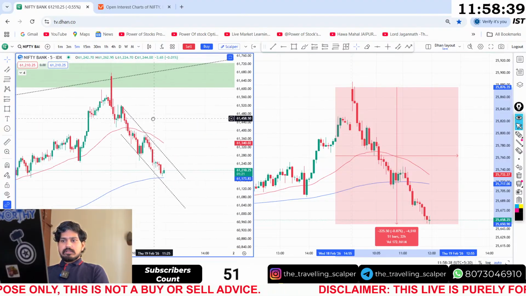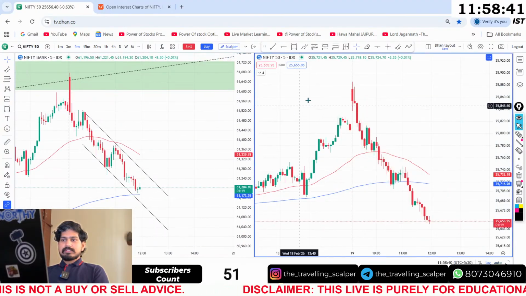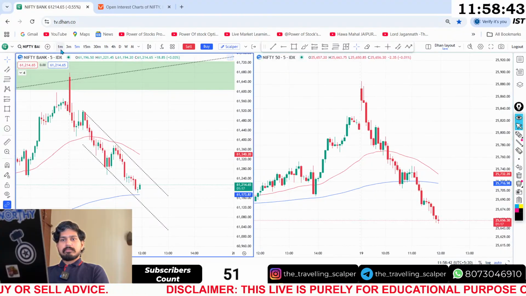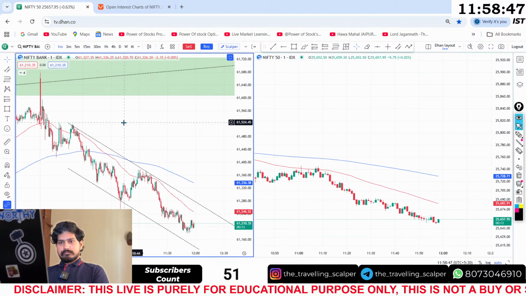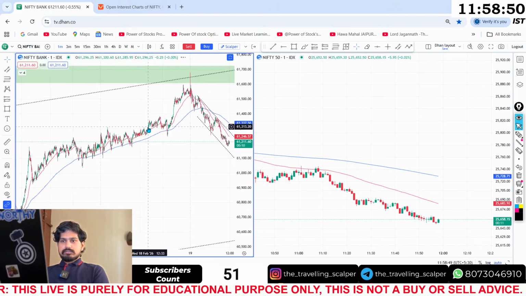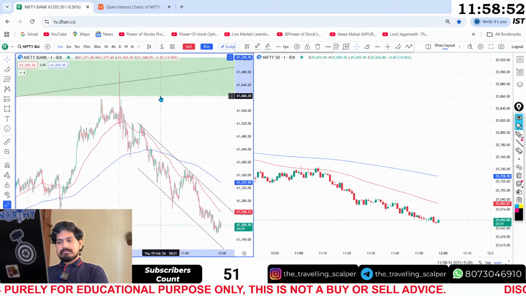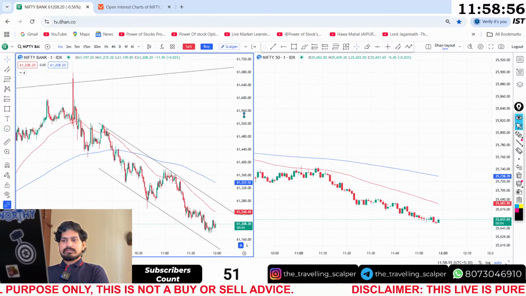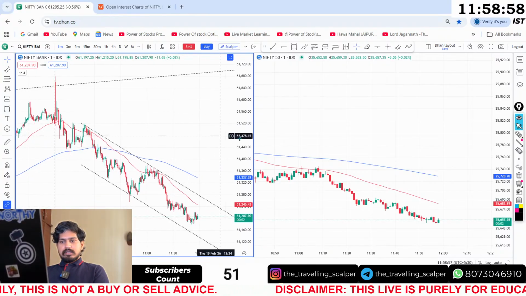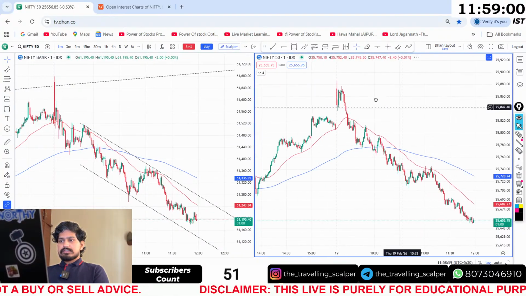Okay, so now this is in 5 minutes time frame. I'll just shift to 1 minute time frame in both Nifty and in Bank Nifty. Okay, so here above there is some resistance level. I'll just remove this. This is valid in swing trades, but for intraday it is not necessary. I'll just remove it and I'll use my personal strategy over here.